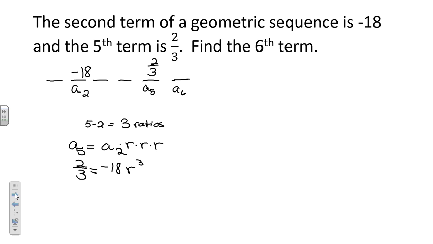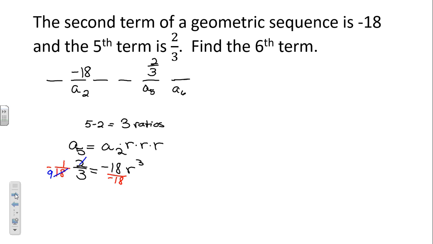So how do we solve something like that? Divide by negative 18, which is the same thing as multiplying by negative 1/18, right? And then cube root. Okay? So 18 has what in common with 2? A 2, right? So that would reduce to 1/9.